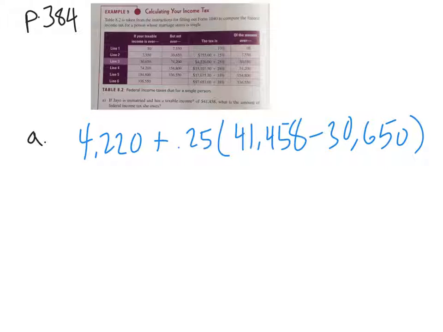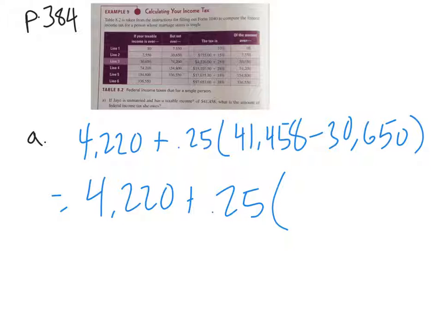Right, and so then from here it's just throwing it into the calculator. 4,220 plus 25% times the difference, which will end up being 10,808. That is the amount over 30,650.